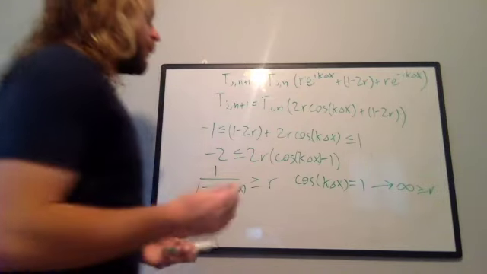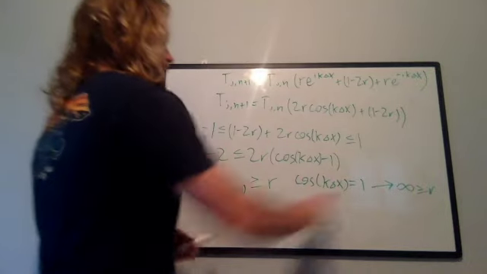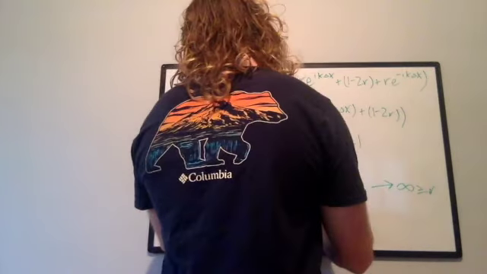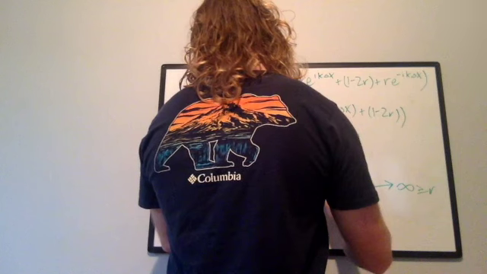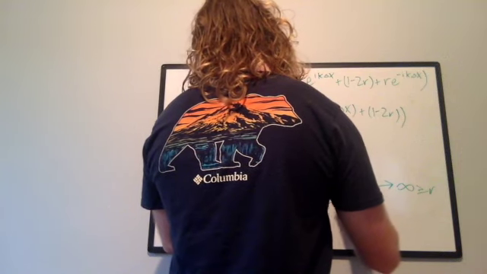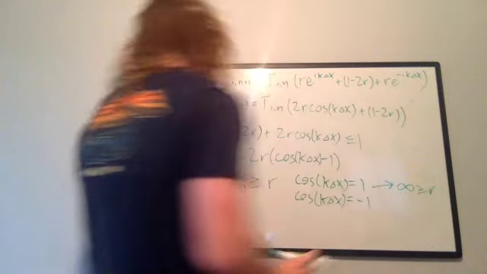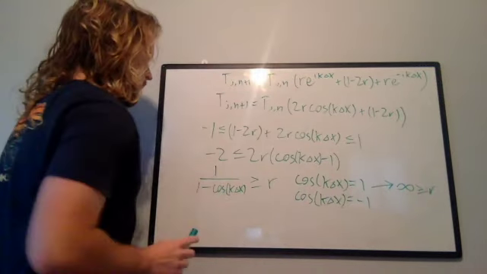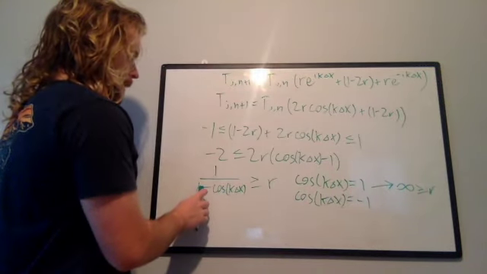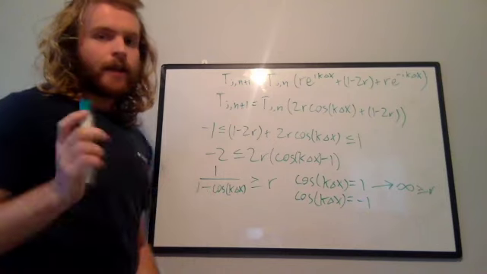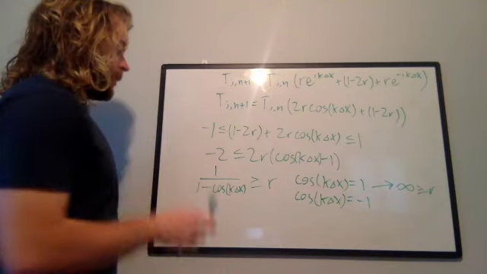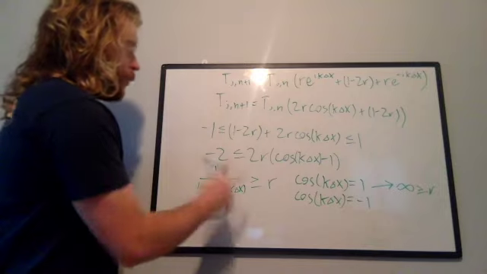So what we're going to do is we're going to look at when this is negative 1. And this is going to be a lot more useful for us. We're actually going to be able to gain something from this. So when cosine is equal to negative 1, this is going to become 1 minus a negative 1. And that's going to turn into addition. So this is going to become 1/2.